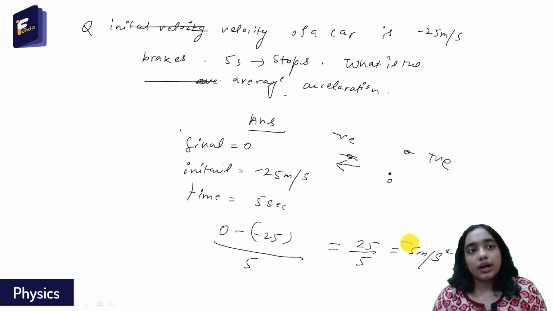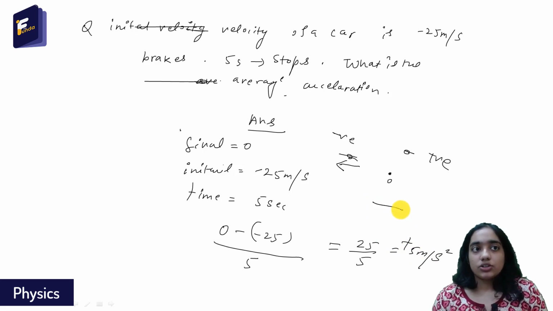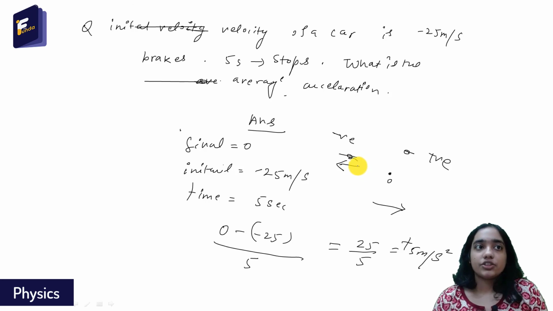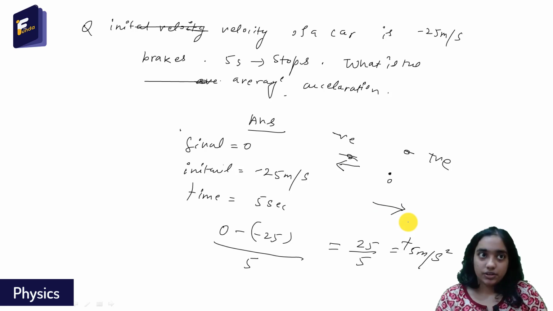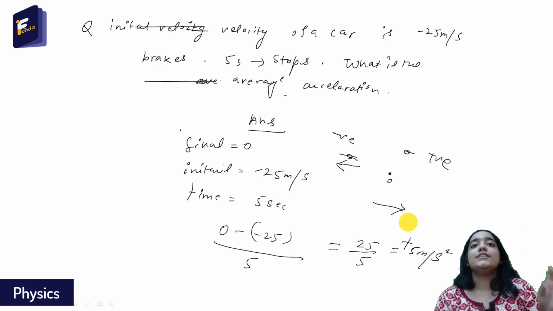So it is plus 5 meter per second square. That means the acceleration is in the positive direction. So the velocity is in the negative direction and acceleration is in the positive direction. Here you can see that acceleration is positive, but still the speed of the particle is decreasing.